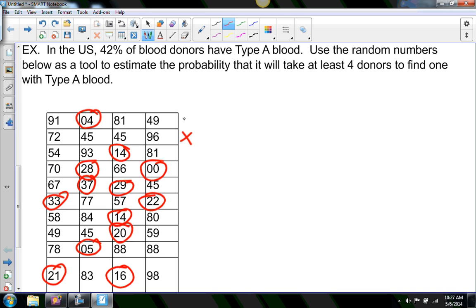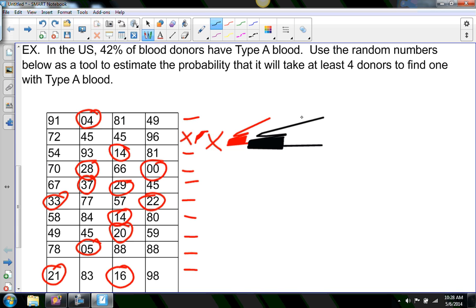You can see here that all of these other ones, before they got to the 4th person, they had a type A donor, right? This was the only one right here that did not have a donor in 4 tries. So you have a 1 in 10 chance, correct?